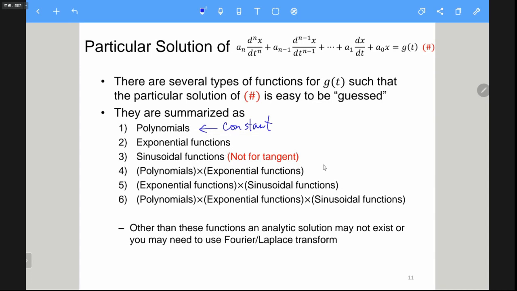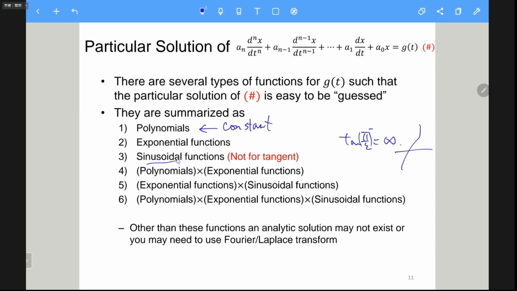But actually the sinusoidal function, sine or cosine, not tangent, because tangent takes the value to infinity, something like tangent of pi over 2 is diverging to positive infinity, so practically it will not exist very often.